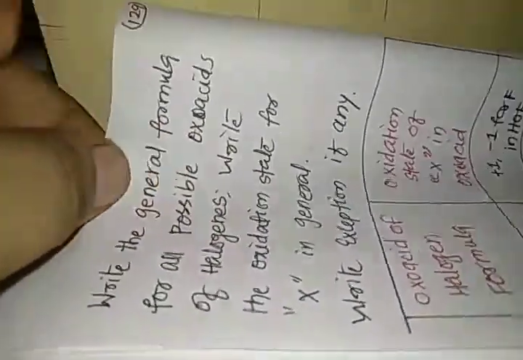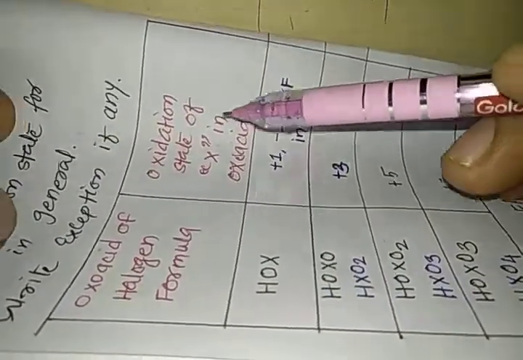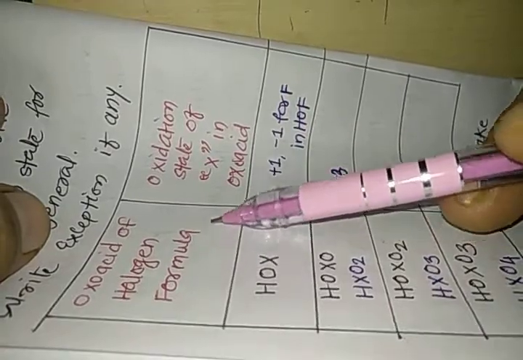So this is how we can understand the oxoacids with various questions. Write the general formula for all possible oxoacids of halogens. Write the oxidation state of X in general. Write the exception, if any. So we have the various oxoacids of halogens, their general formulas, and the oxidation state of X in each oxoacid.